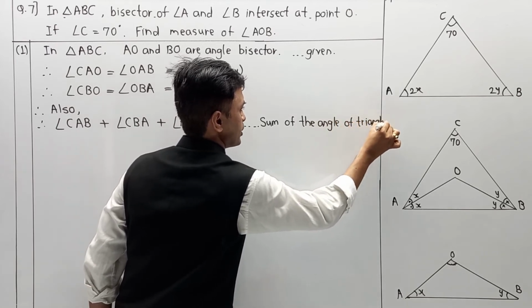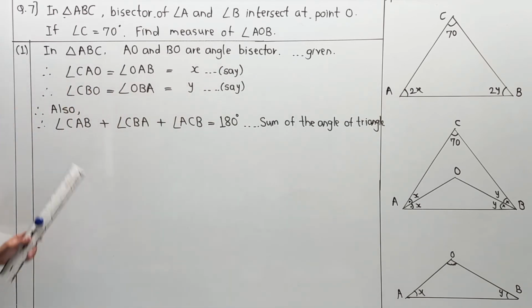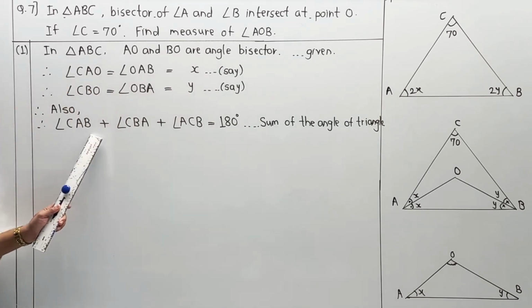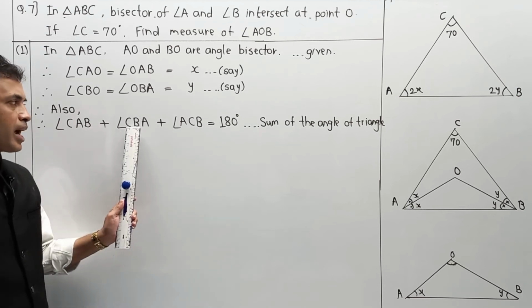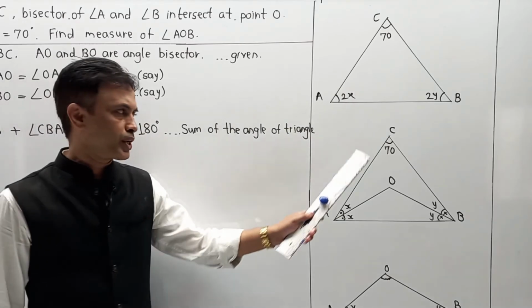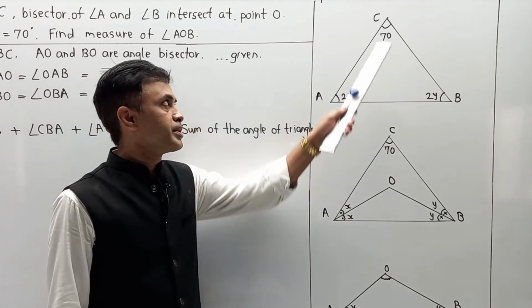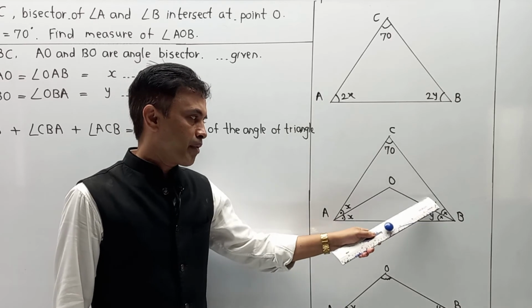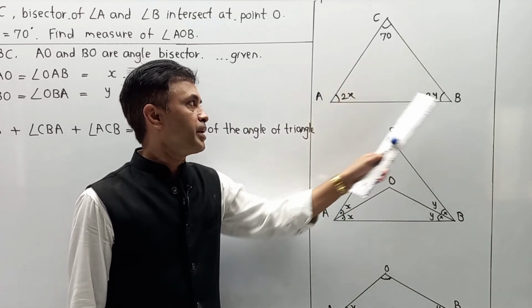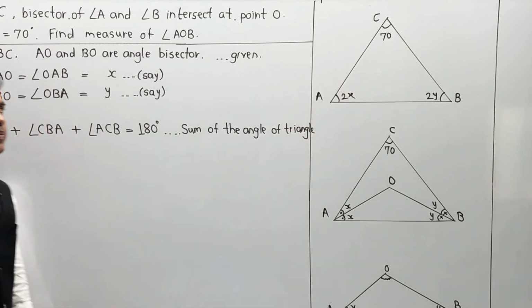That theorem we have already proved. So angle CAB has the value 2x. Observe again over here, x plus x means angle CAB becomes 2x, y plus y means angle CBA becomes 2y, and angle C is 70 degrees.